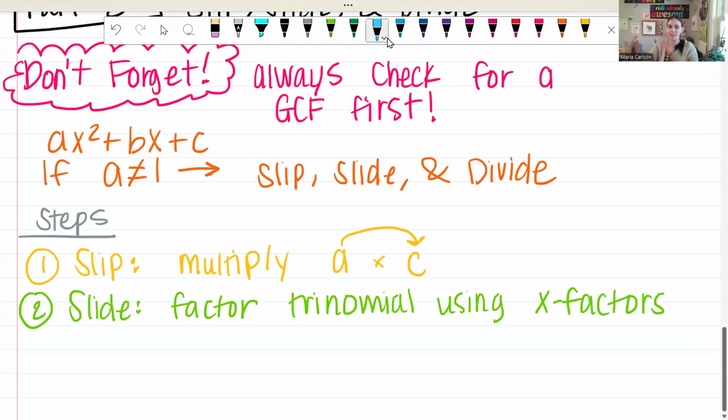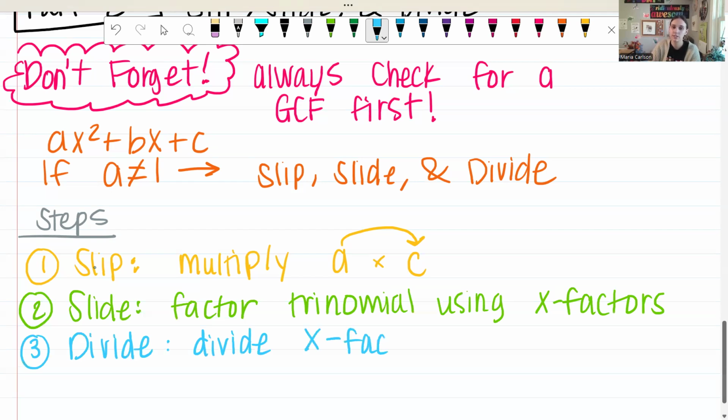Once you have factored that trinomial, then you can divide. And really what this means is you are going to divide the x factors that you find by the original a.